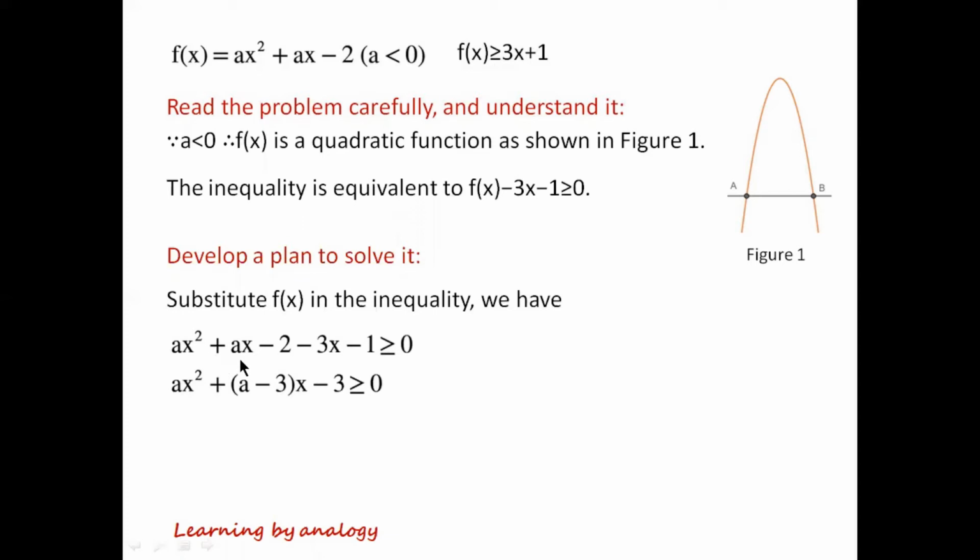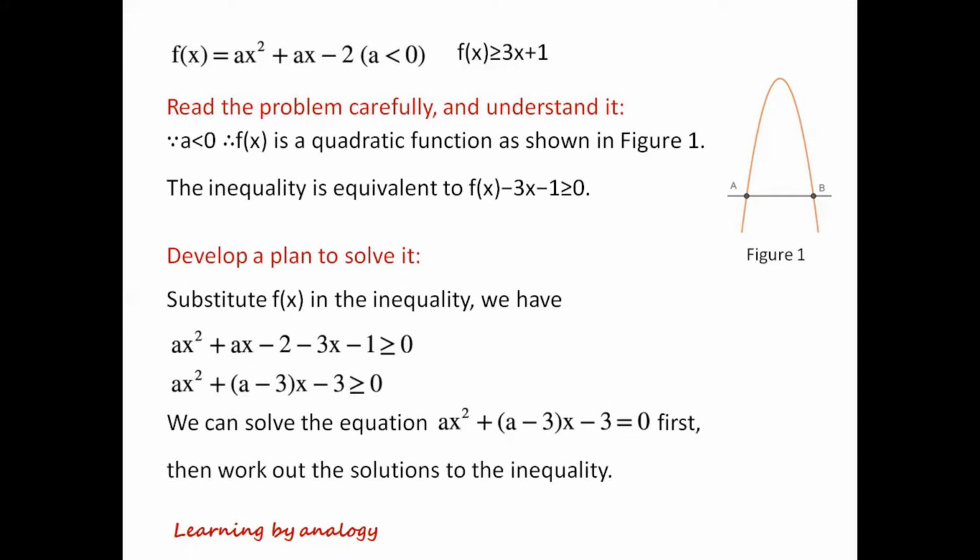Collecting like terms, we have ax² + (a − 3)x − 3 ≥ 0. We can solve the equation ax² + (a − 3)x − 3 = 0 first, then work out the solutions to the inequality.